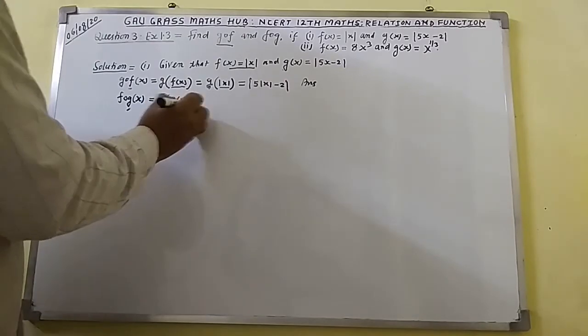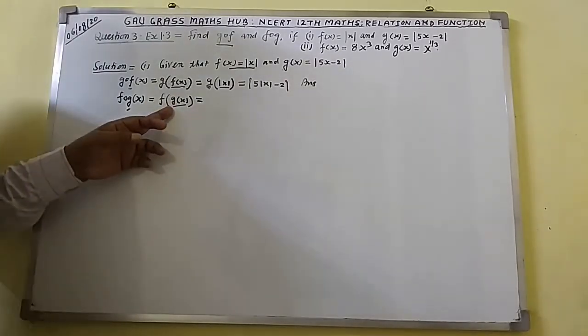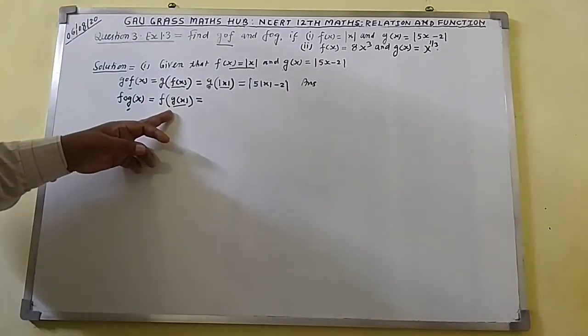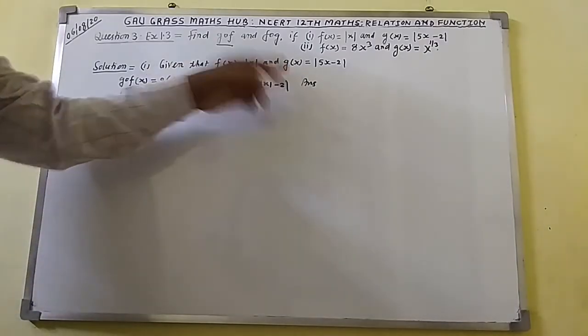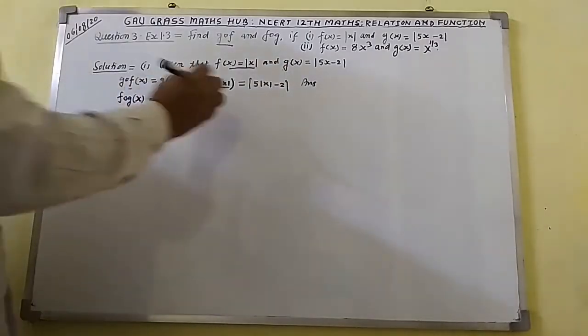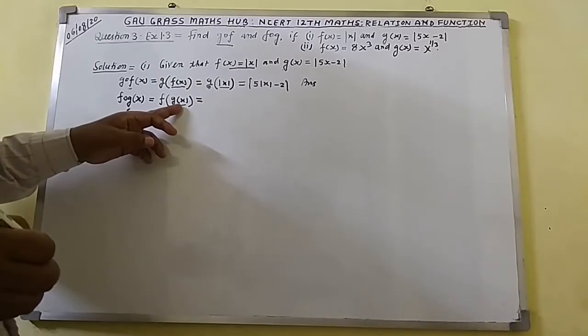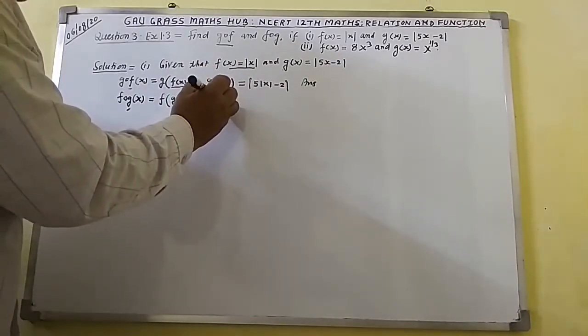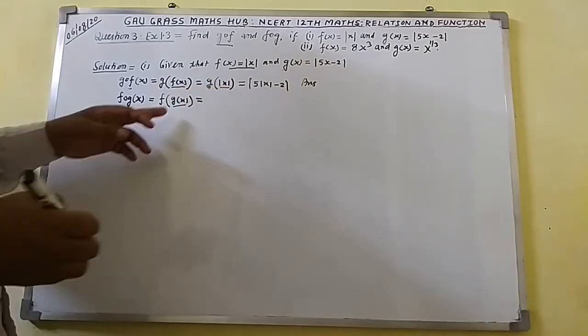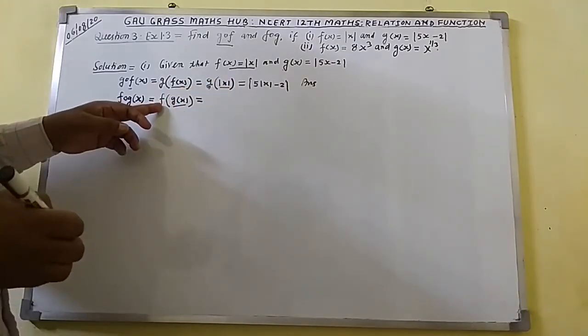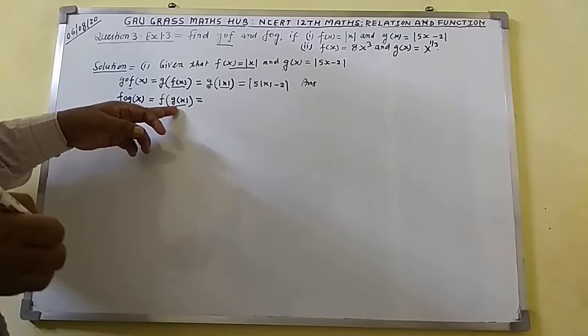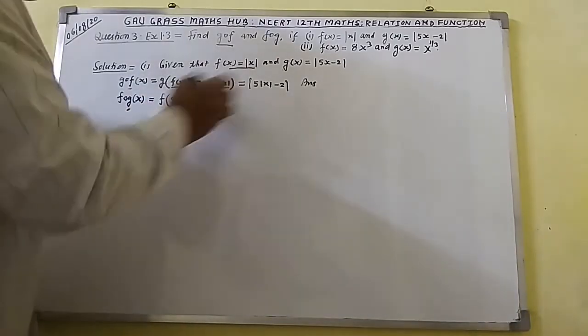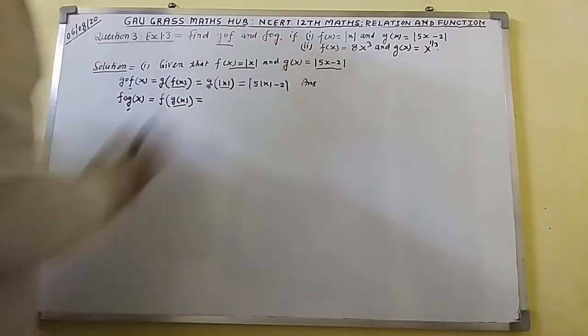Now here you can see the value of g(x) will be taken from this place. So you can write f of g(x), and in place of g(x), you can write this value.